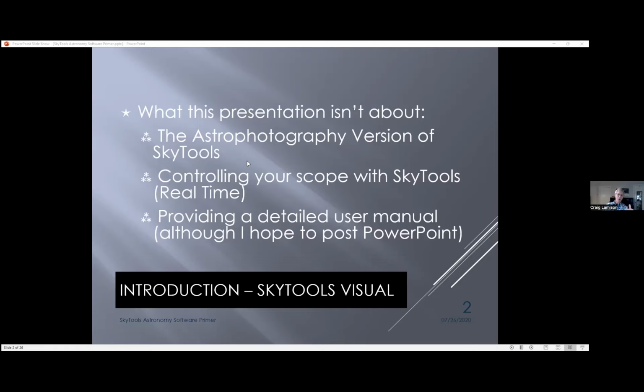While I have that one, I don't use that aspect of it. Finally, the version that this should correspond to is the SkyTools standard version. I think it costs $99 or thereabouts. This will not be a detailed user's manual, although I do hope to post it on our Facebook novice page.